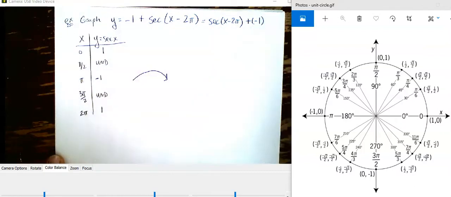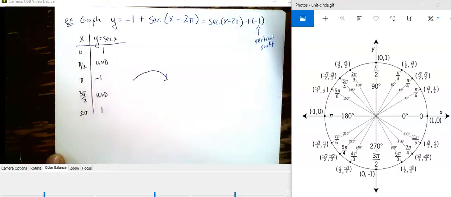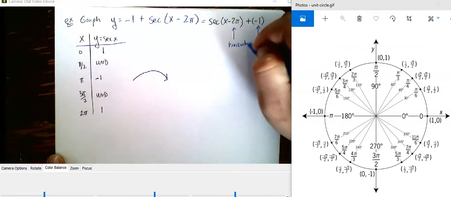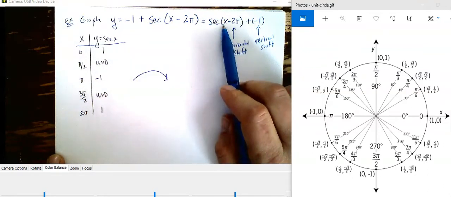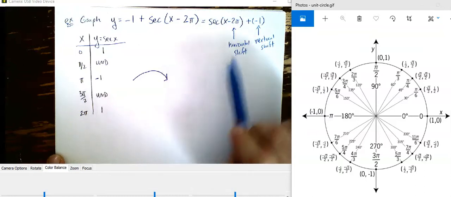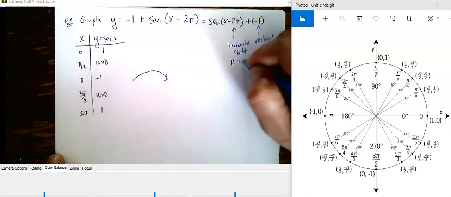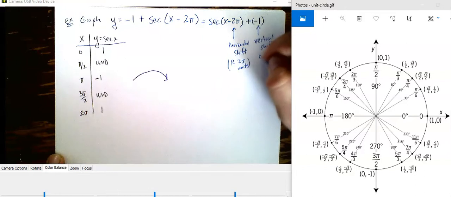This is a vertical shift, and here we have a horizontal shift. There's only a 1 in front here, so there's no factoring that needs to happen. So we have a horizontal shift of right 2 pi units, and a vertical shift down 1.